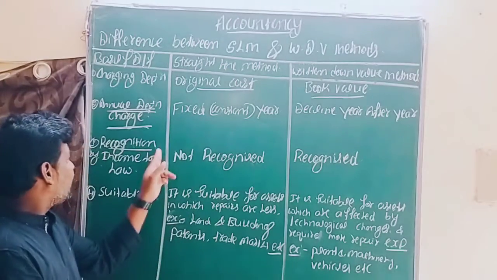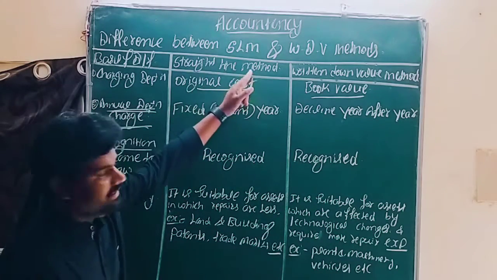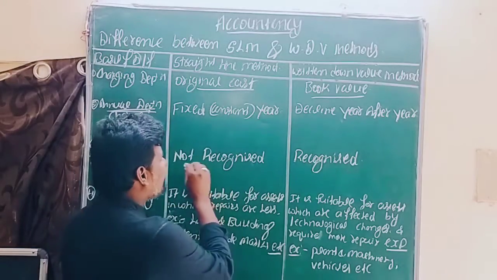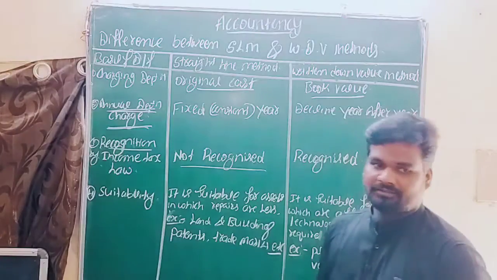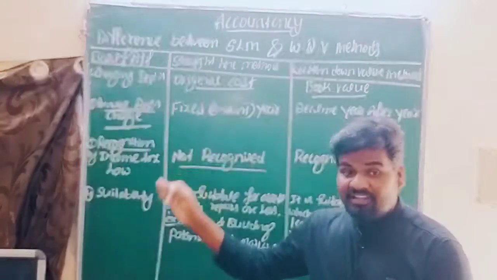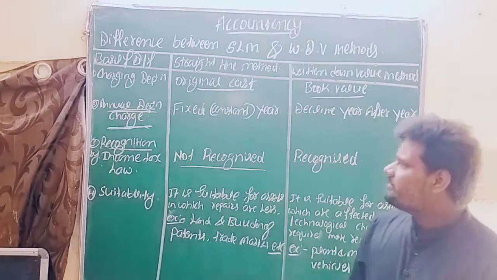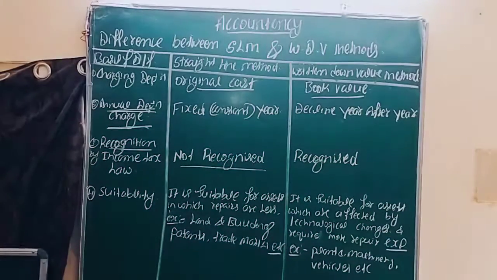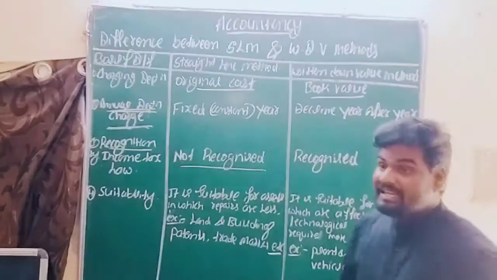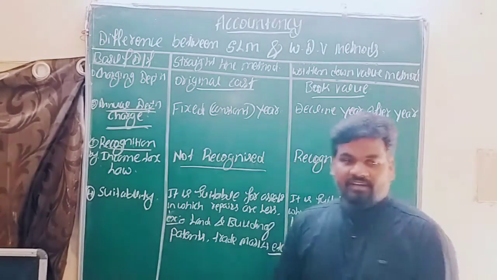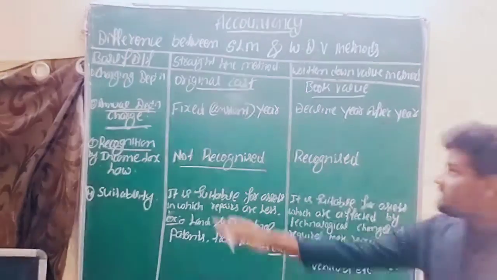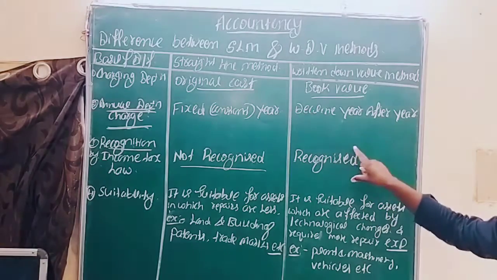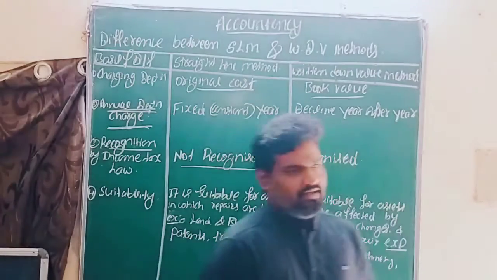The straight line method of depreciation is not recognized by income tax law. But the written down value method is recognized by income tax law.